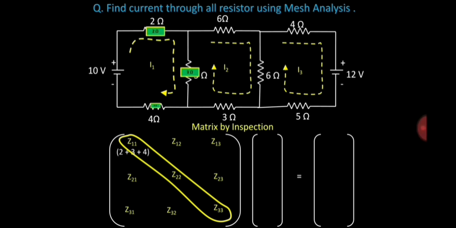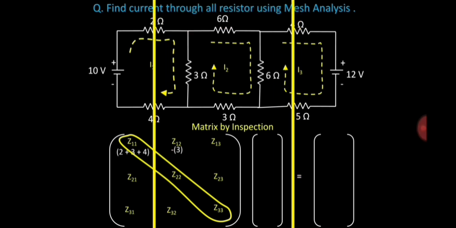So that one will be the part of Z11. So for Z12, the common between loop 1 and loop 2 is only the 3 ohm. Because it enters through the positive side, we label it negative.